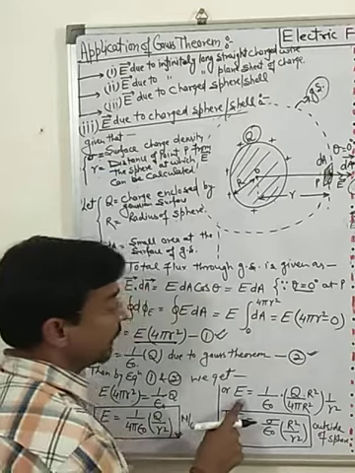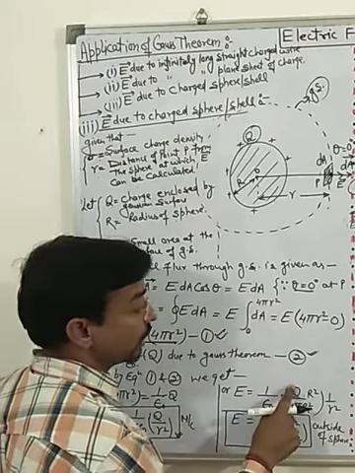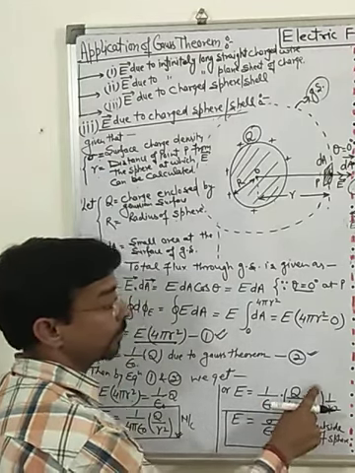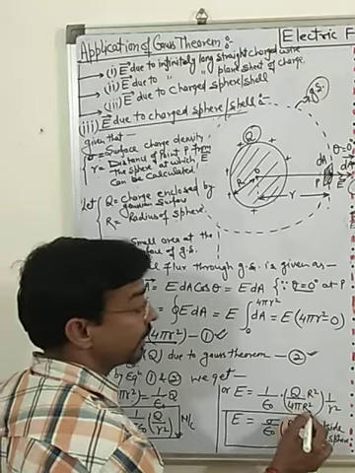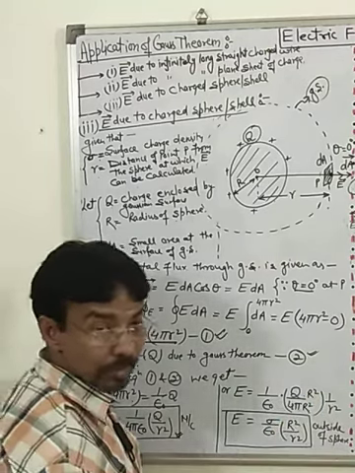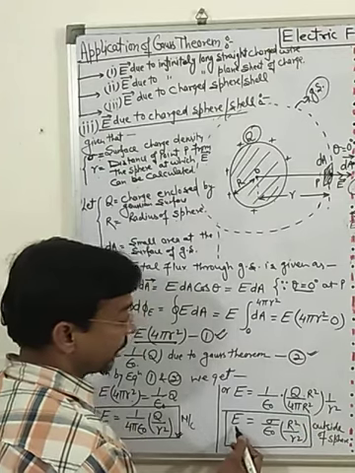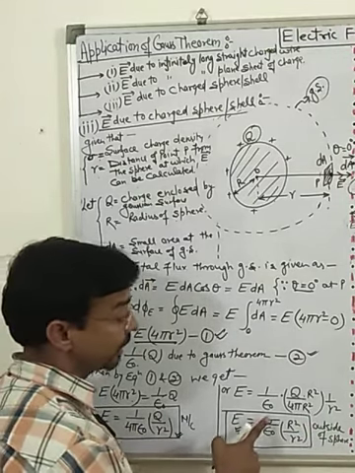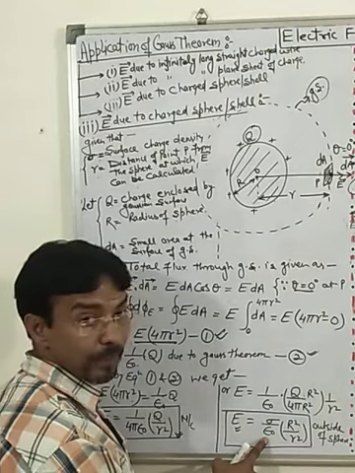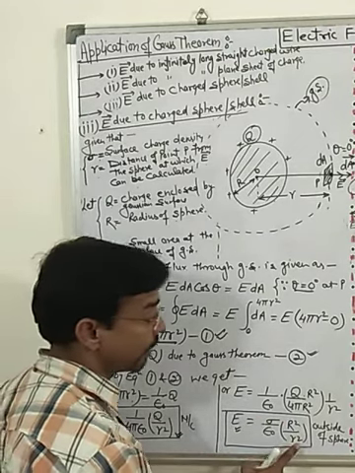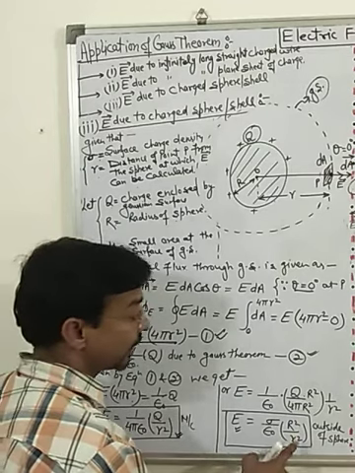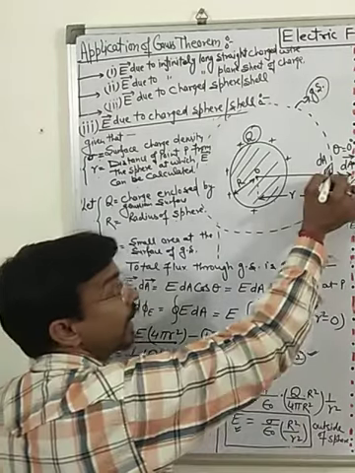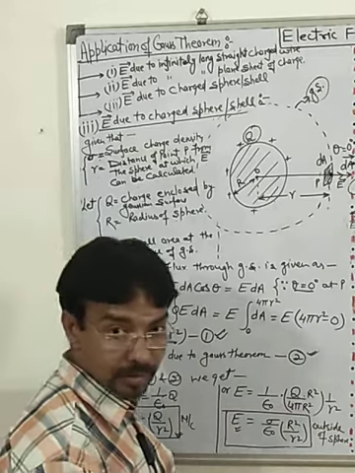E equals 1 upon 4 pi epsilon naught Q r square by r square. I am multiplying and dividing here so that we can write it, since 4 pi r square is the surface area of the sphere. Therefore, at the end, if charge is not given and surface charge density is given, then E equals sigma upon epsilon naught times R square divided by small r square, and that is the electric field outside of the sphere.